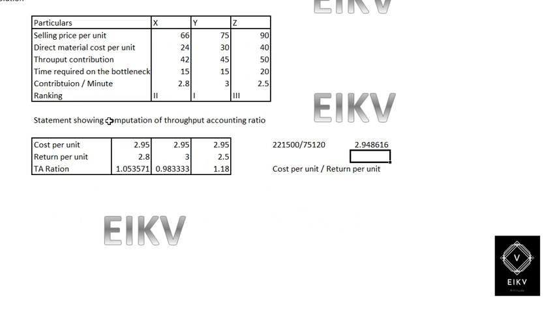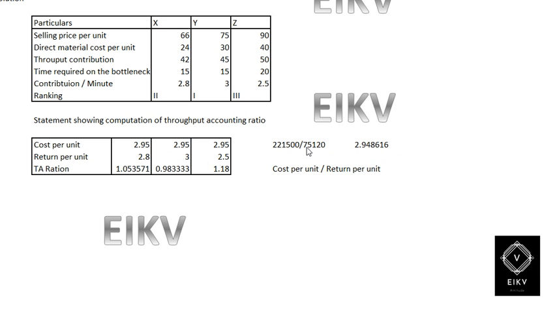After that we will go with the statement showing computation of throughput accounting ratio, which is the TA ratio. The formula for the TA ratio is cost per unit divided by return per unit. We haven't found the cost per unit, so to find the cost per unit we have the total cost of the company, which is 2,21,500, given in the question, and also we have total minutes available as 75,120.